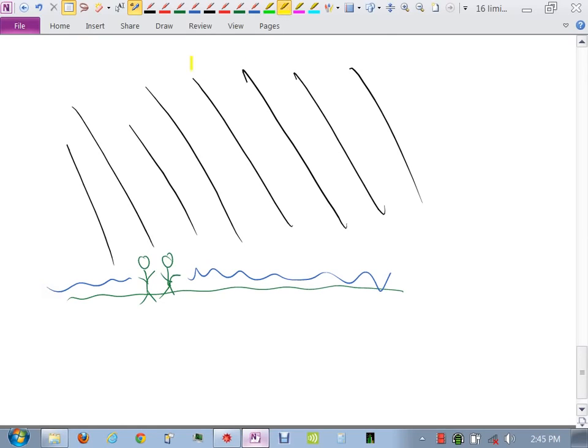Then if you look up into the sky, on a dark night away from the city, you see stars all over the place. Everywhere you see stars. That was a shooting one, yep. So all these little red things are stars, and there's a bunch of them.